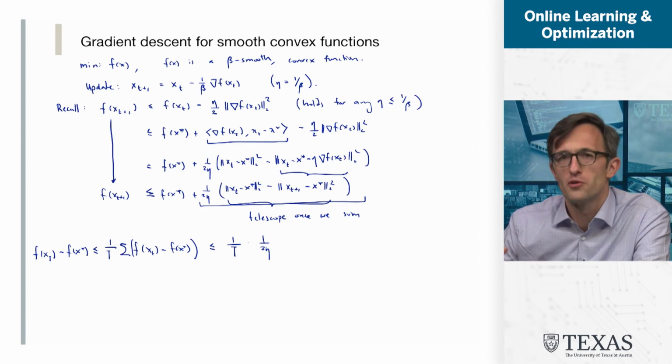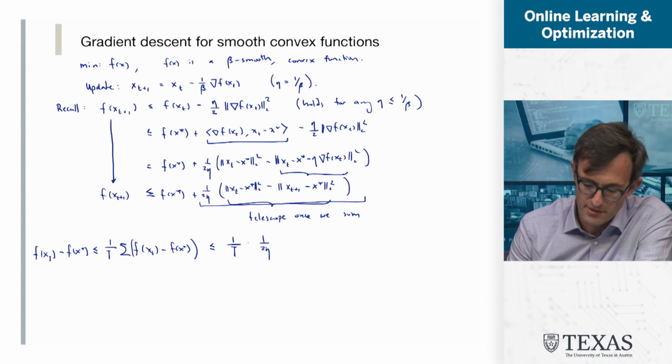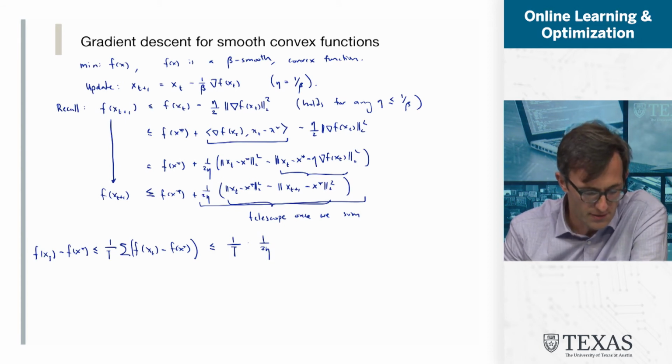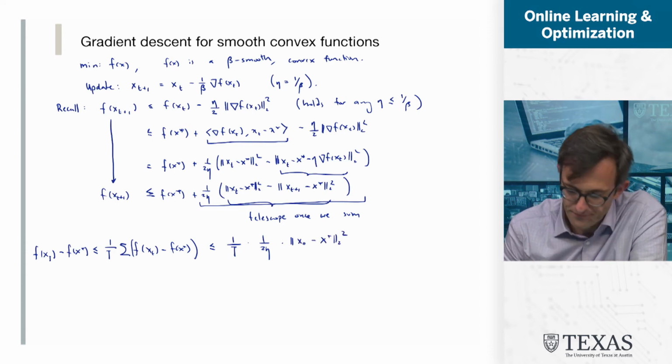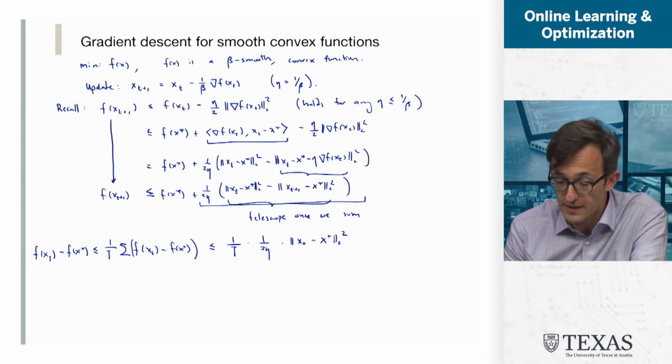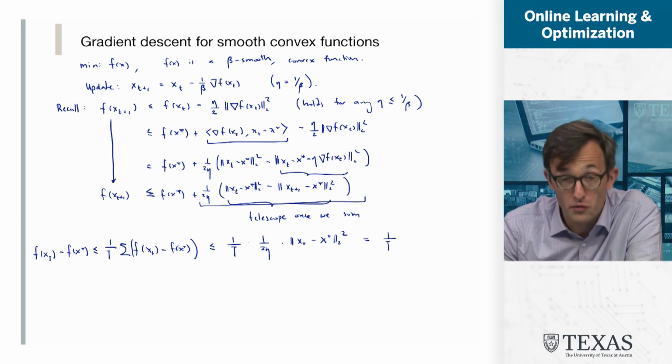So I hope you're starting to see some of these things, some of the standard manipulations that we do. So this is just x0 minus x star squared. And that's it. This is our story. So we've got 1 over t times 1 over 2 eta.